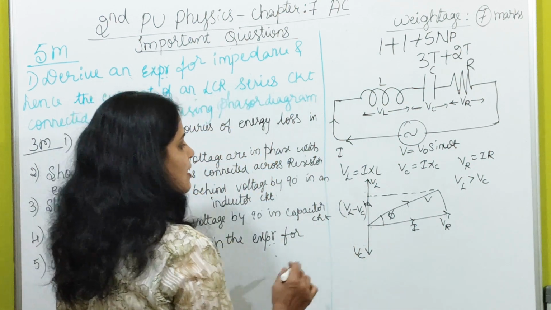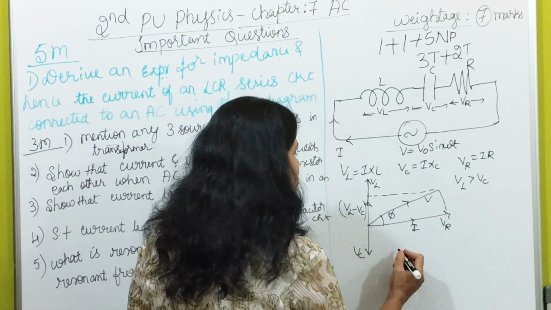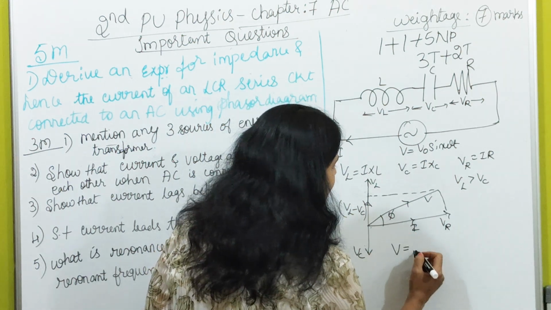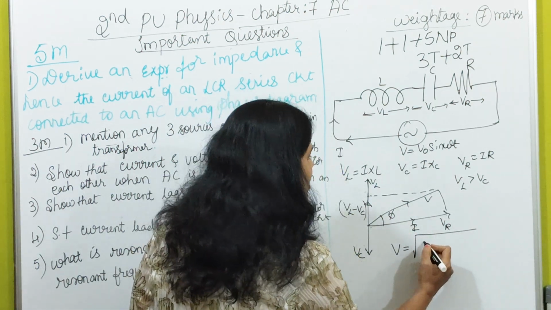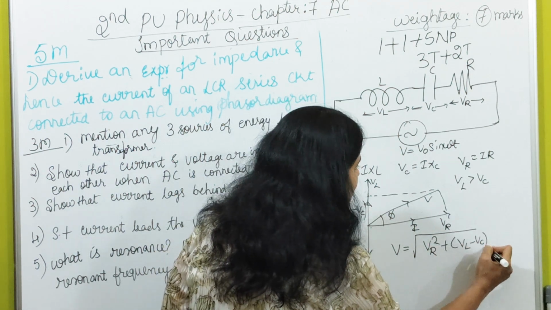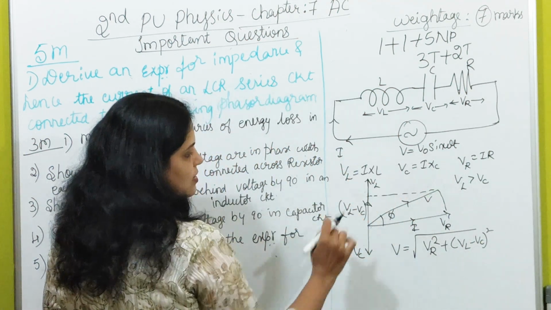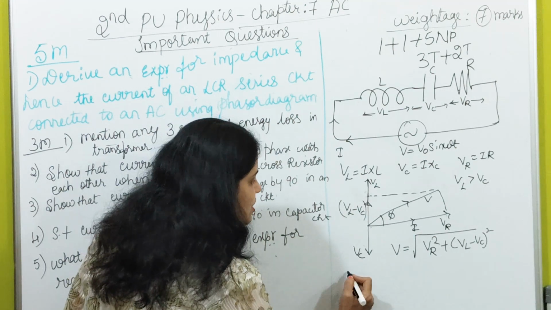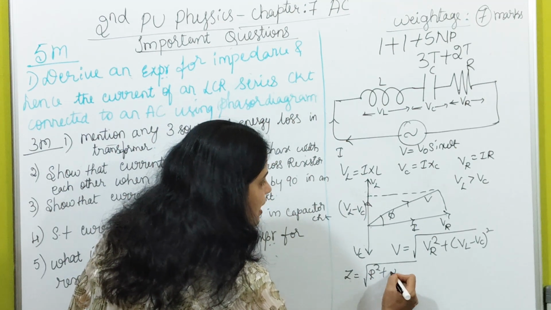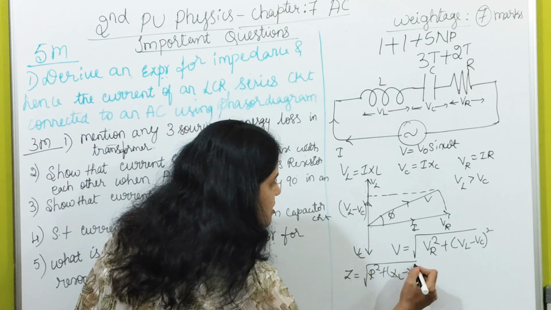Now we have to get the expression for this. Here you write V is equal to square root of VR square plus VL minus VC whole square. Then substitute this and you get the expression for Z as square root of R square plus XL minus XC whole square.